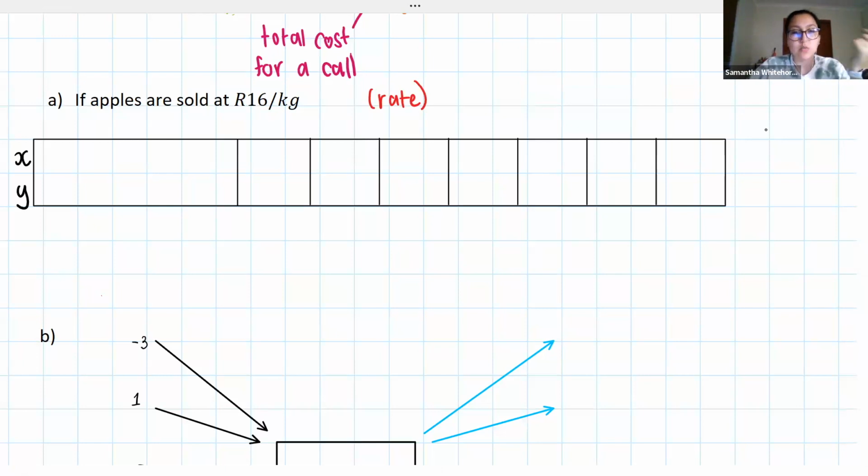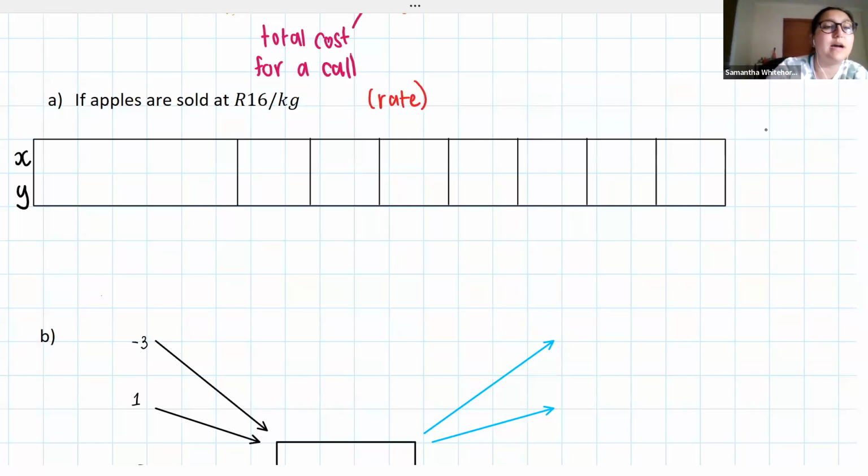We need to decide which is independent and which is dependent. The number of kilograms we buy doesn't depend on cost. I can buy 7 kilograms, and that isn't determined by the cost. However, the cost is dependent on how many apples I buy.